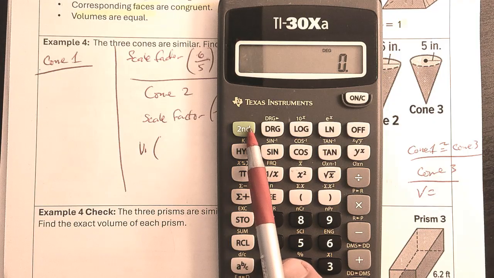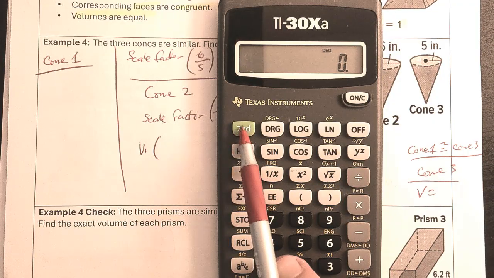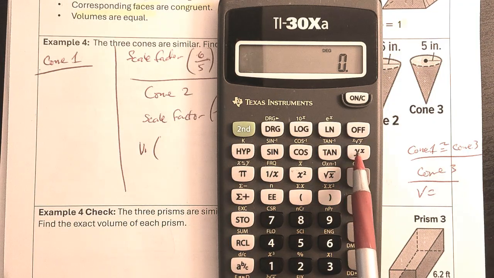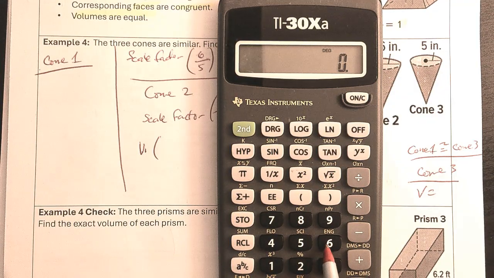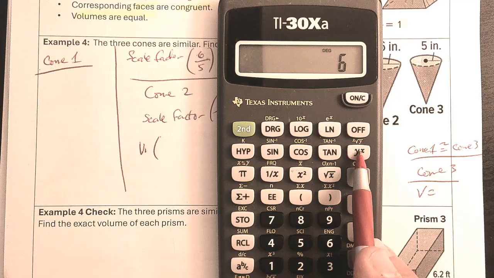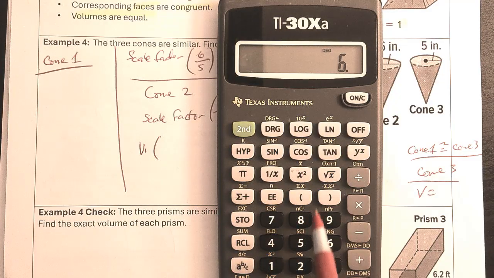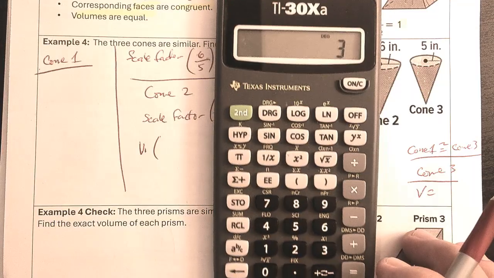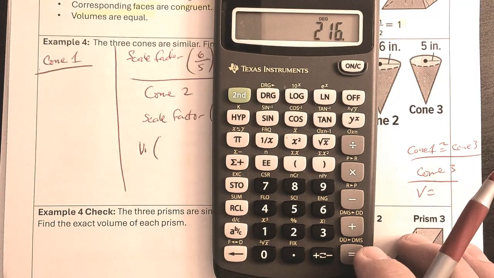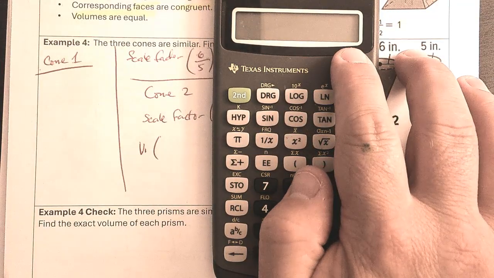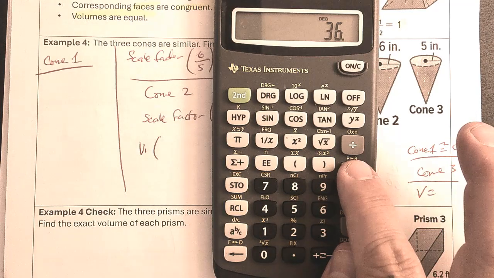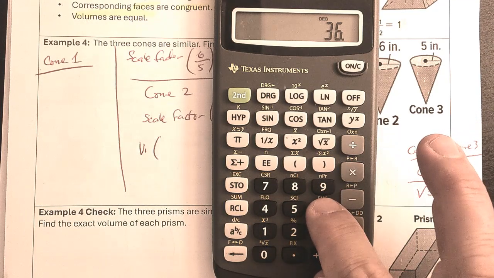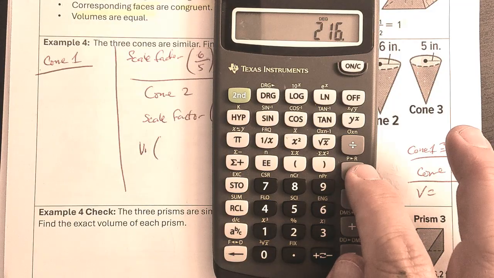To cube root, you'd use the second button, but if you're just trying to cube something, it's this. So 6 cubed: 6, then you hit this button, and then the X is what you're filling in. It's cubed, so it's 3. That's technically telling it 6 to the third power. That's 216, just to prove that I'm right. 6 times 6, that would be squaring it, that's 36, and then you multiply another 6, that's cubing it, 216.